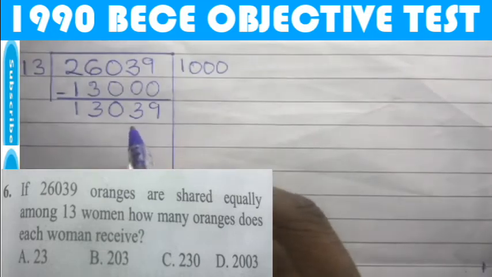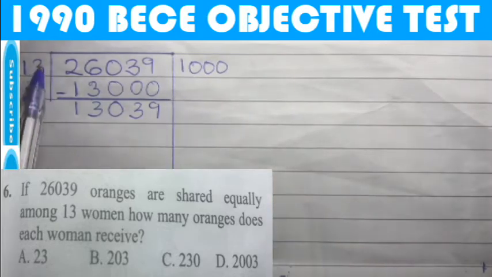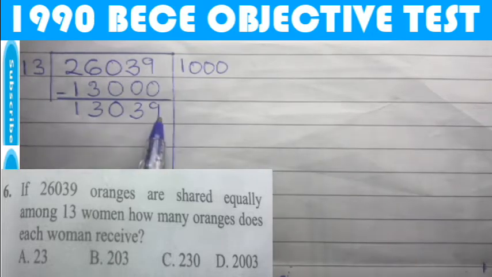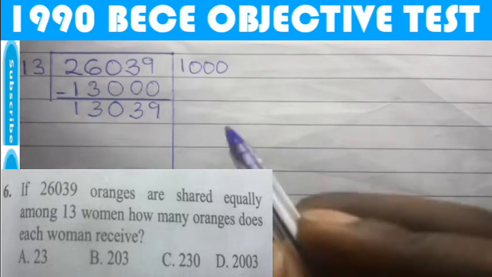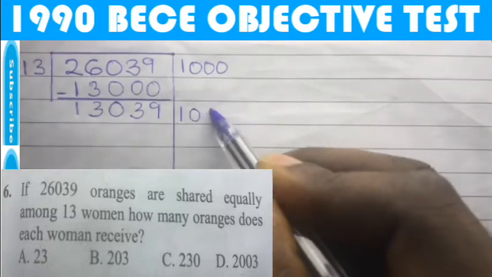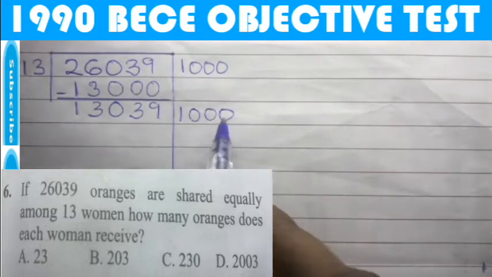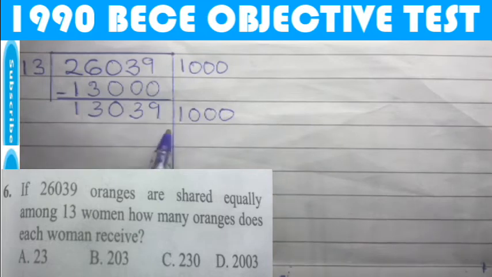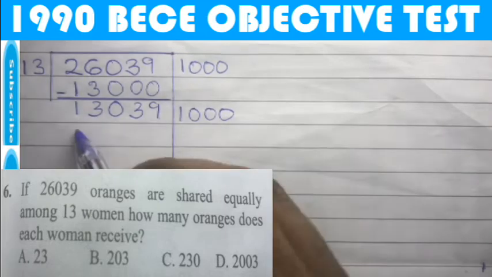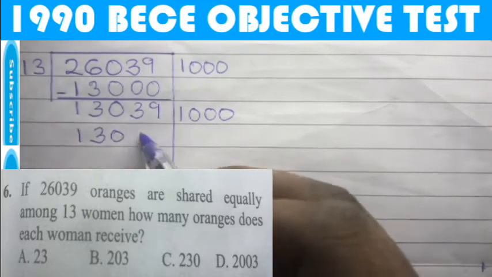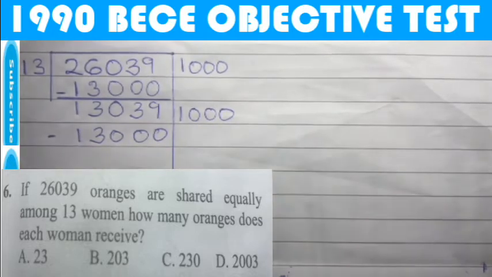We continue using the same procedure. Think of any value that when you multiply it by 13, you will get something closer to 13,039. I will use the same 1,000 again. So 1,000 times 13, we'll have the same 13,000 as we had over here. Find the difference.